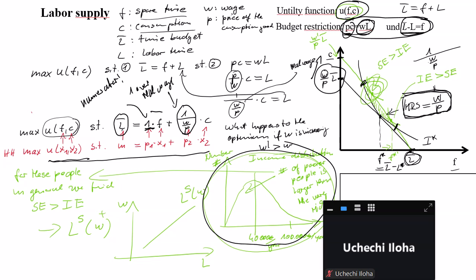This is then what we find from empirics, that it is a good assumption that on average the substitution effect will be larger than the income effect.